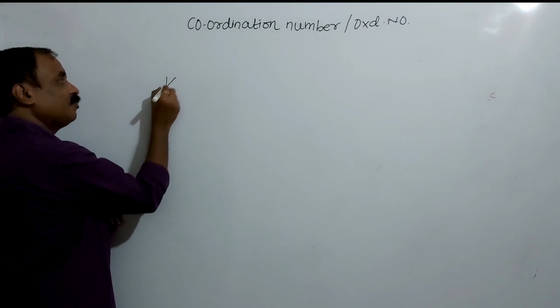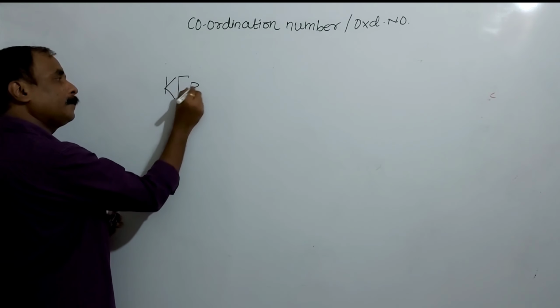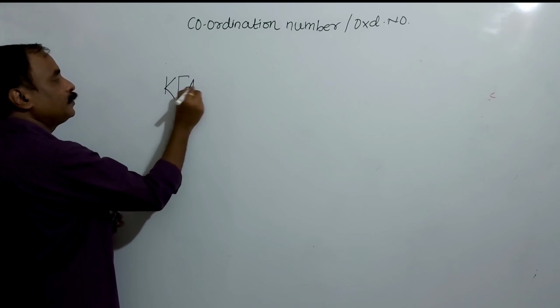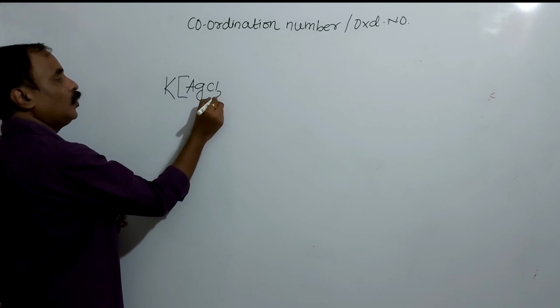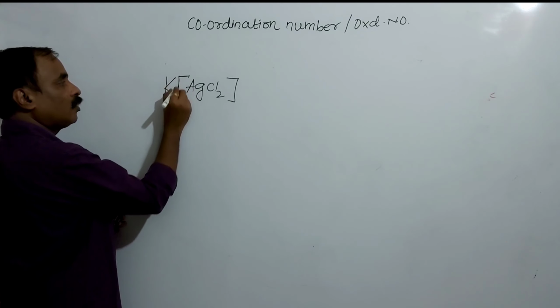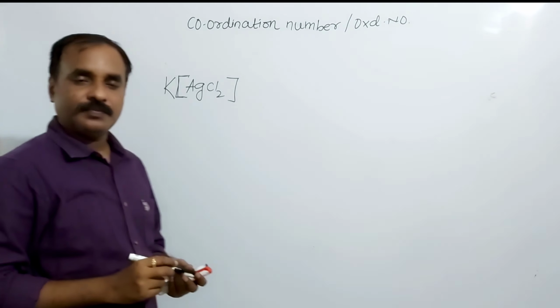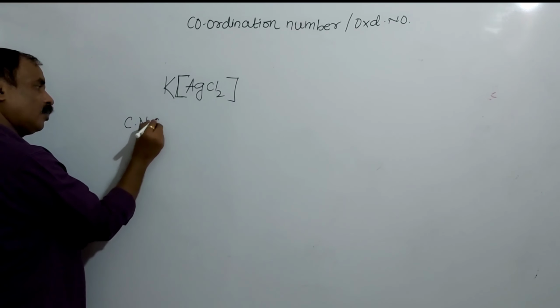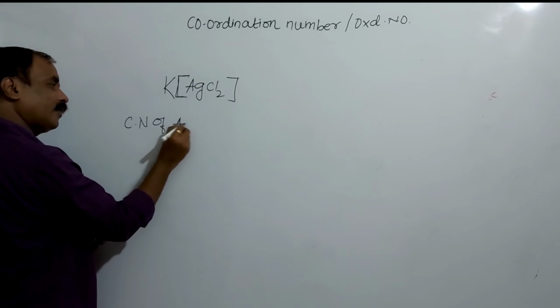Suppose the complex is potassium, here I will take Ag, Cl2. Coordination number of silver.